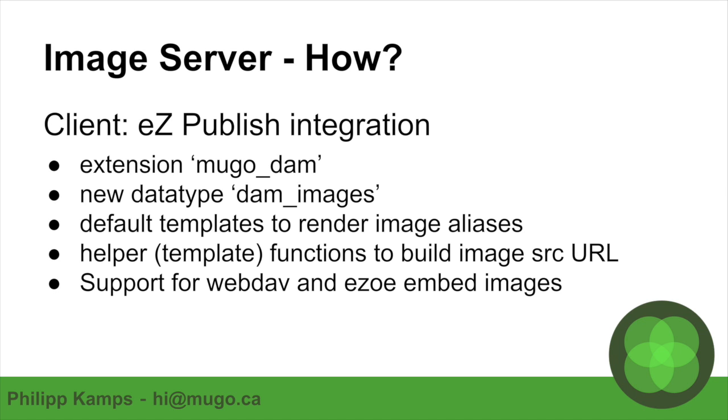We also have some helper functions in that extension, for example, to build an image URL with a specific alias. You don't have to build those manually, you just have a template function here.